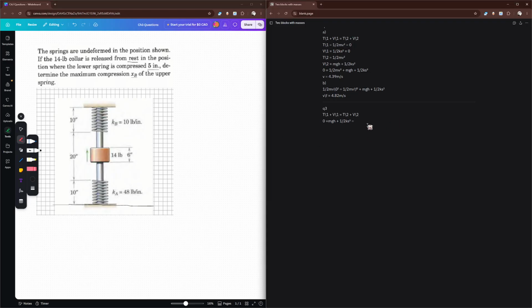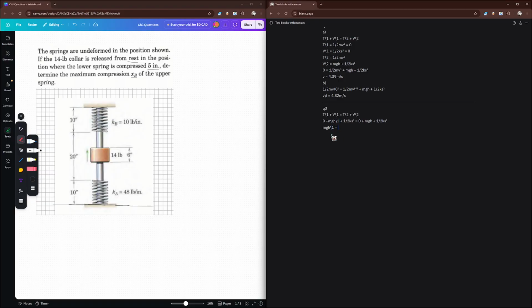That means there's no kinetic energy, right? So that's plus another mgh plus half ks squared, right? So mgh1, let me put the 1 here.